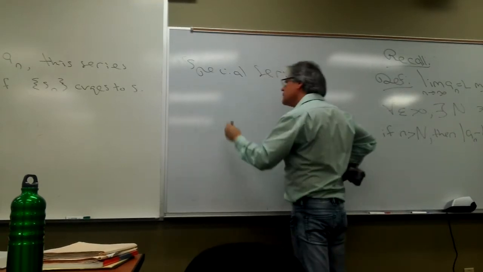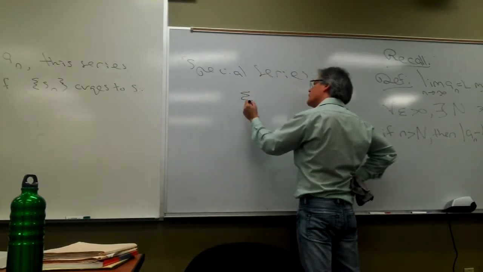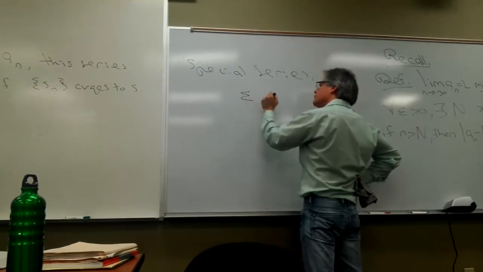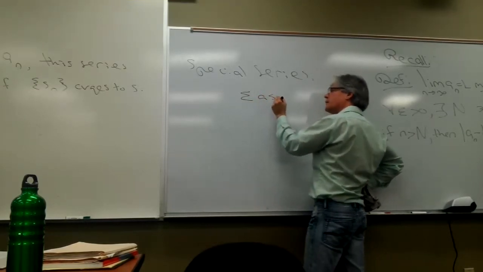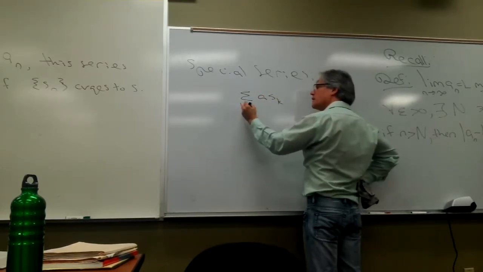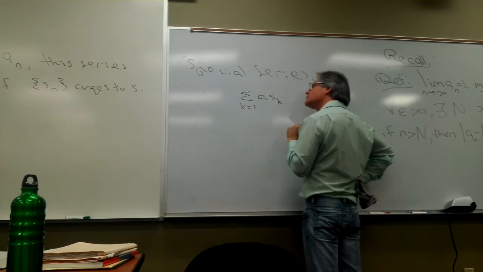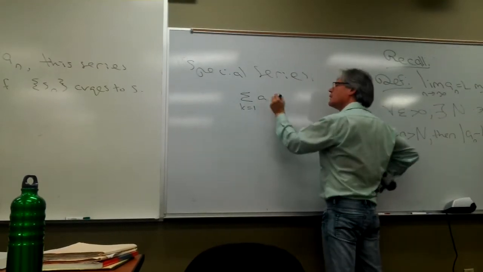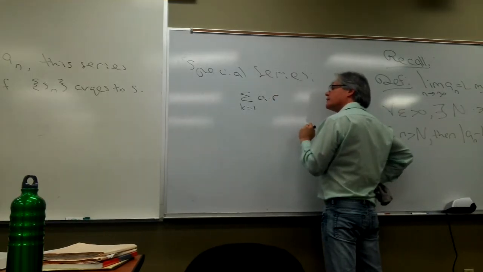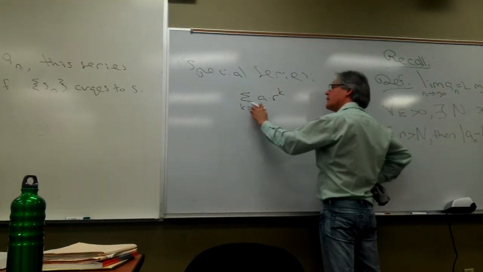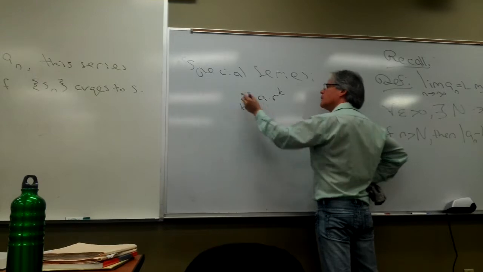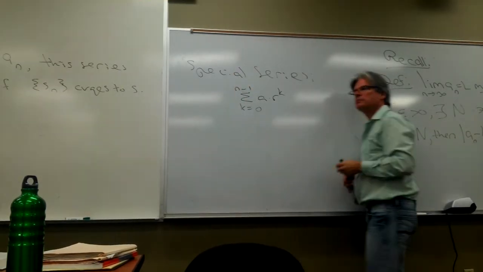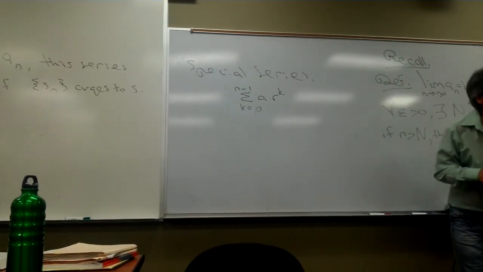He thinks of it as the series of A times R to the K as K ranges from 0 to n minus 1.